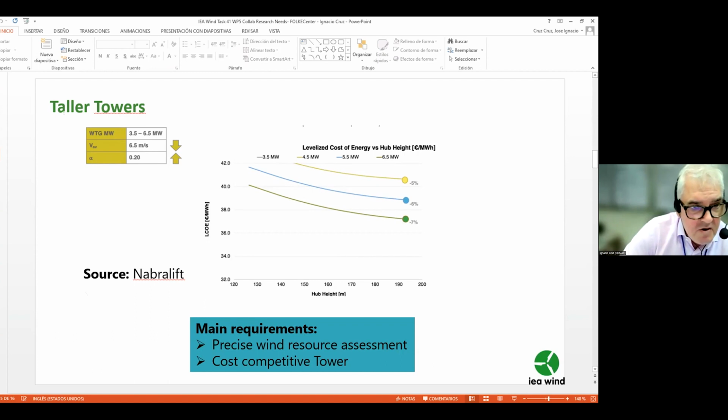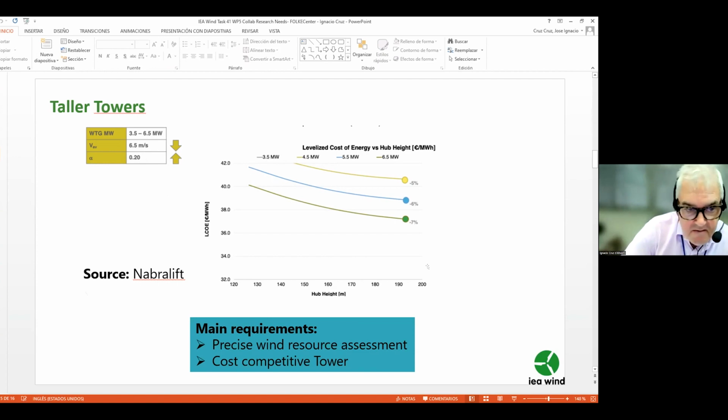So, for instance, if we look at taller towers for large wind turbines, we see here the expected reduction in the levelized cost of energy versus half-height wind turbines, and we see that we can get even around 7% reduction of the LCOE.